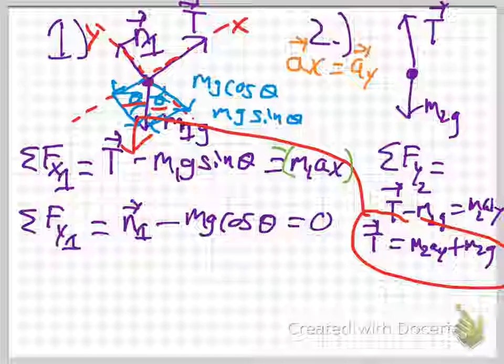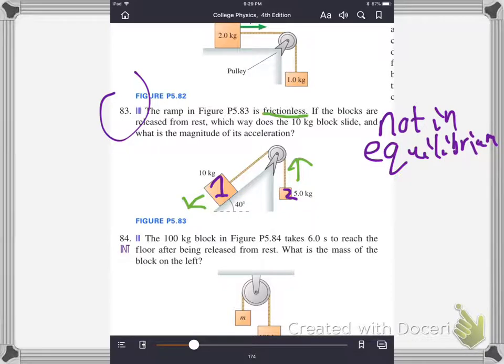So you definitely want to try something like 82 and something like 84. But this is the main concept of pulleys and ropes. Usually they're connected to each other, so we have interacting objects, tension, and pulleys working together.